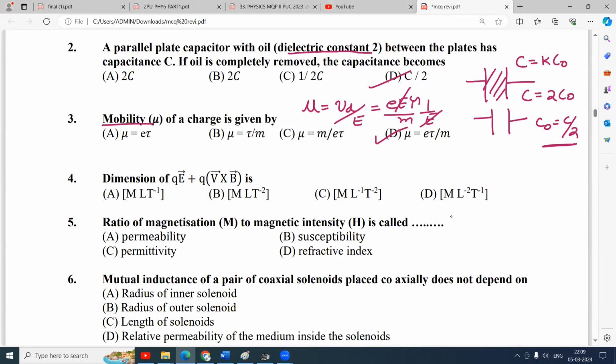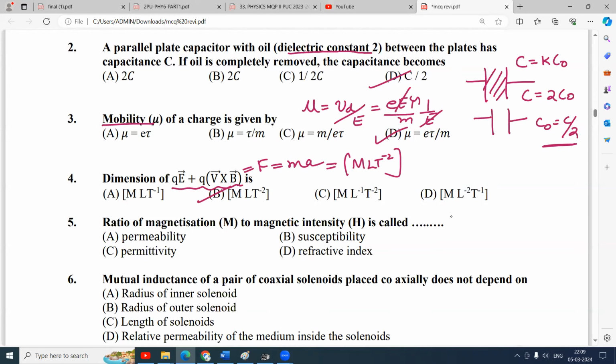Here is another similar problem. Dimension of Q E plus Q into V cross B. If you look into this formula, it is the formula for the force experienced by a charged particle in both electric and magnetic fields, and it is the Lorentz equation. The Lorentz equation is the equation for force, and force is F equal to ma, mass into acceleration, M L T to the power minus 2.